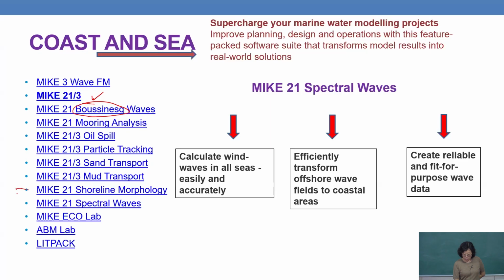For MIKE 21, there is also shoreline morphology, but I haven't used that one. We use ECO Lab. Of course, all that depends on the need of your project, your study, the problem of your investigation.